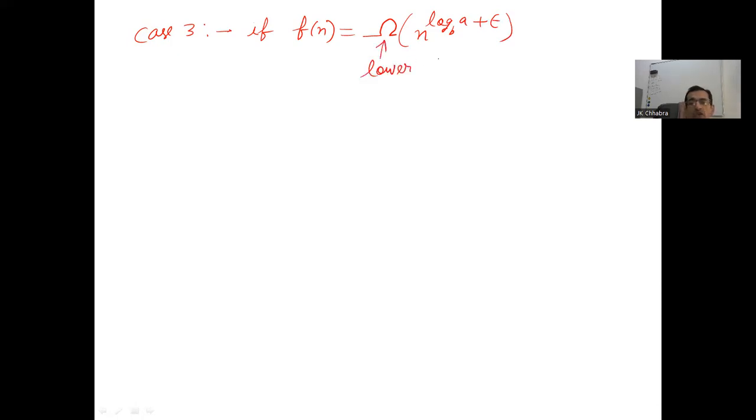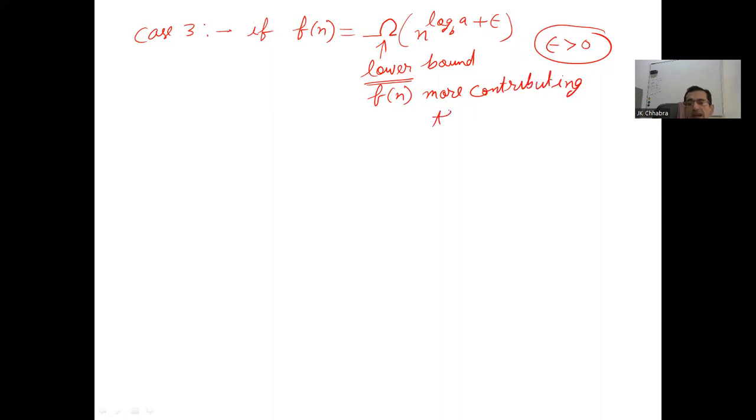So I am ensuring that Fn is going to be more contributory in all cases, because the minimum is this, log b a plus epsilon. So epsilon must exist, that will mean epsilon must be greater than 0. So guaranteedly, I am ensuring that Fn is more contributing than n power log b a. So the omega notation is taken, plus epsilon is already there.